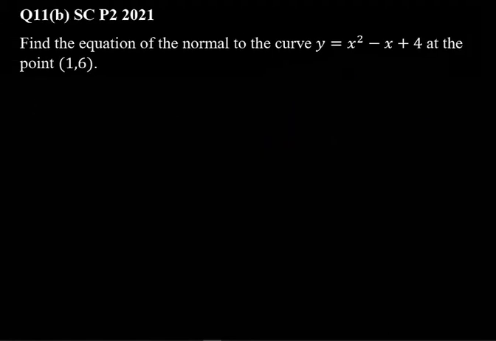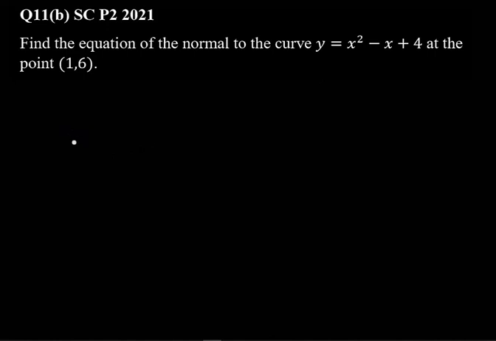Let's look at another question. Here we're going to be finding the equation of the normal to the curve y is equal to x squared minus x plus 4. And we're finding the normal to this curve at the point (1, 6).